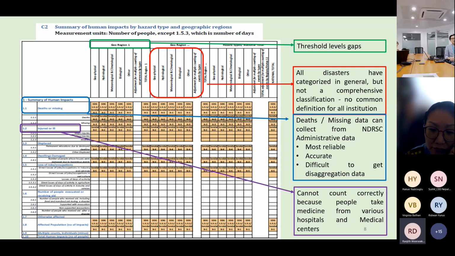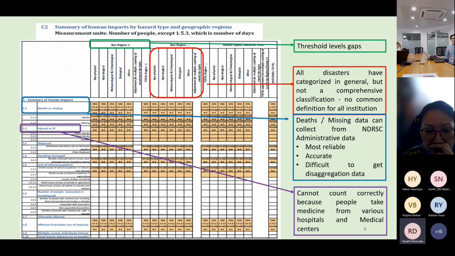But the problem is they do not collect disaggregated data by sex and by age group. These days we are discussing with them to edit their questionnaire to add data collection questions by sex and age level.